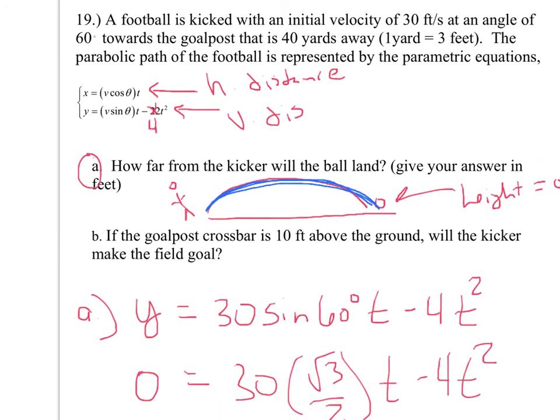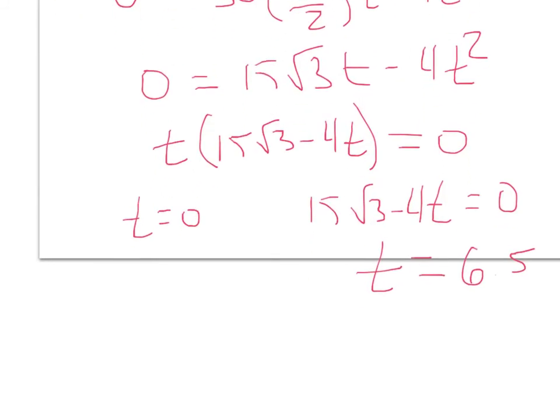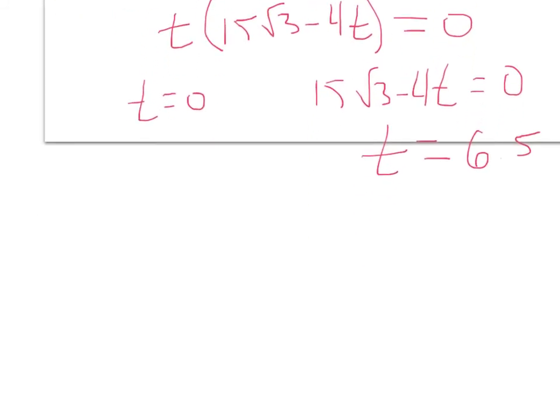And now I know that this x equation gives me a horizontal distance based on time. So I'm going to move the screen down. This is still part A. I know that x is equal to my initial velocity, which is 30, times cosine of 60 degrees times t.